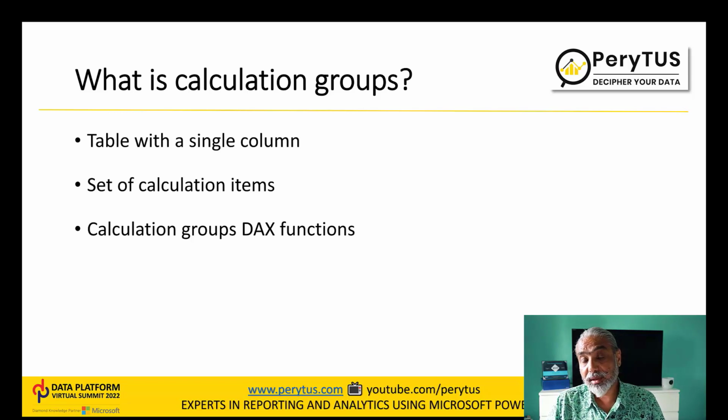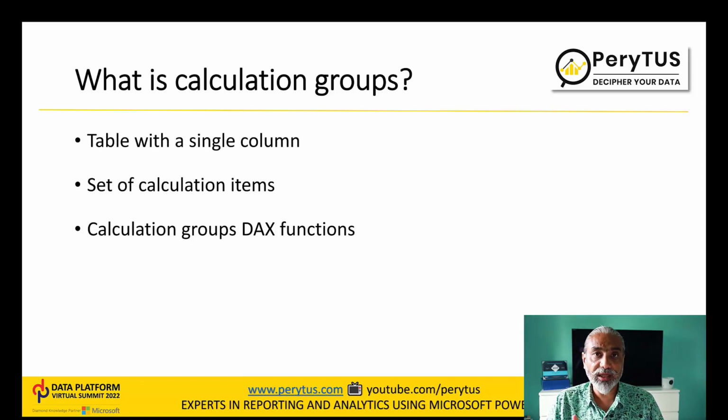Calculation items are the records in the calculation group table. Each calculation item you create becomes a record in that table, and the ordinal allows you to sort your calculation items the way you want.